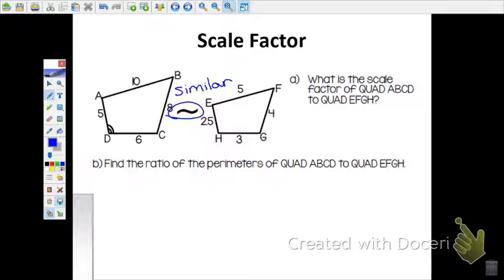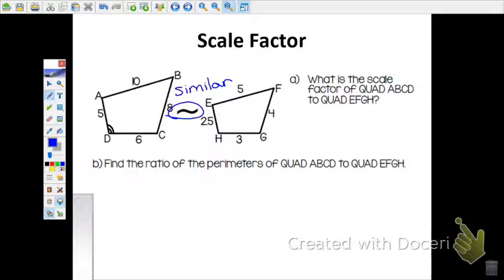So our definition said it's the ratio of the lengths of two corresponding sides. You can choose any pair of corresponding sides because we know they're similar. That scale factor is always going to be the same.